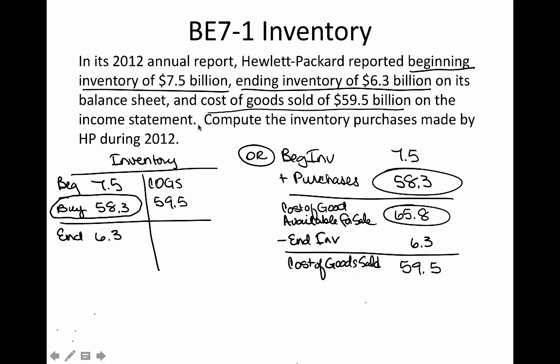So, for example, for HP, at the beginning inventory is 7.5 billion, ending inventory is 6.3 billion, and we know that cost of goods sold is 59.5 billion. If that's the case, we can either use the T account approach to figure out how much inventory HP bought, or we can use the computation approach to figure out how much inventory HP bought. So this is just a way to take a story problem and put it into your template for success.